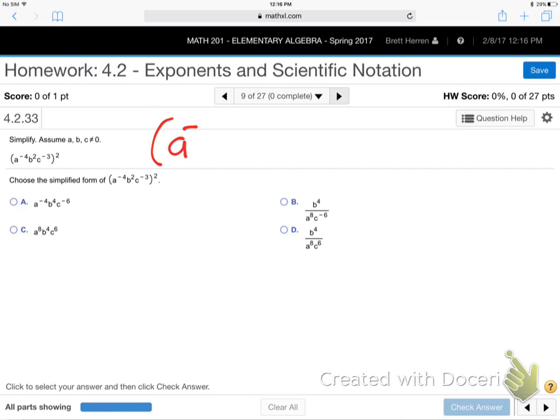So it's A to the minus 4, B to the 2, C to the minus 3, and we got a 2 power outside. So you know powers outside parentheses, the 2 is going to multiply all those powers inside. So do that first.